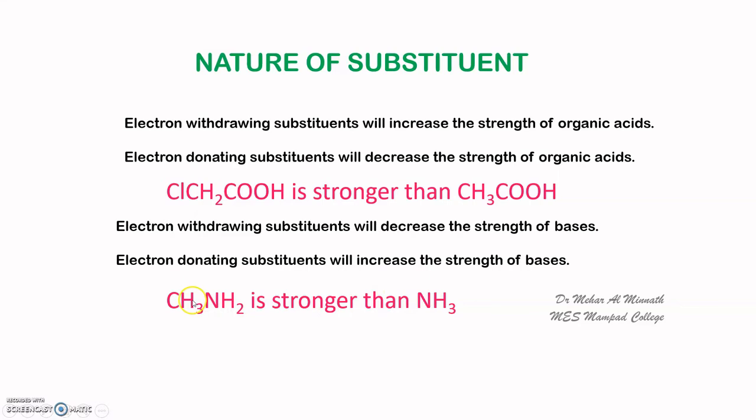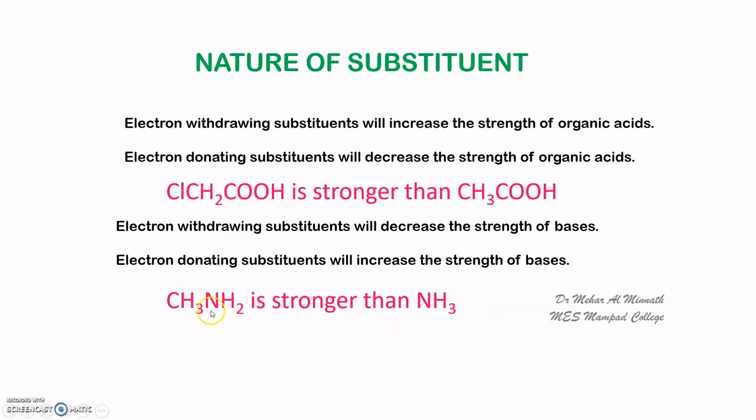Now, the methyl group is an electron donating group. So it will increase the electron density on the nitrogen of methylamine. Thereby, the basicity of methylamine will be more when compared to that of ammonia.